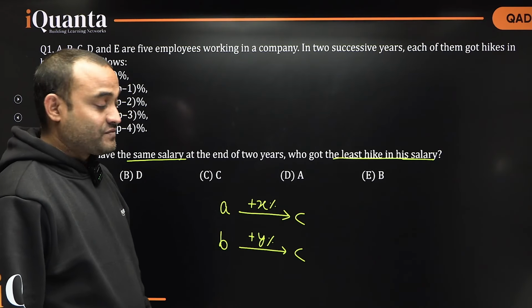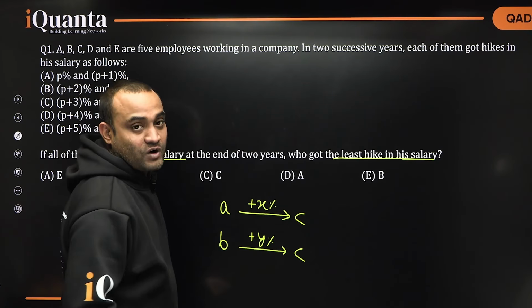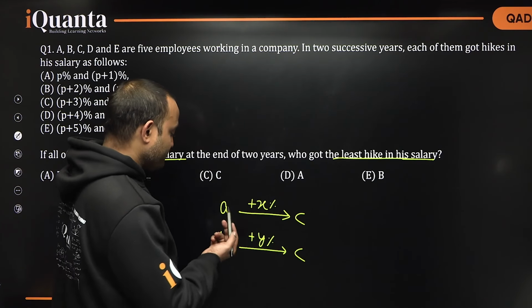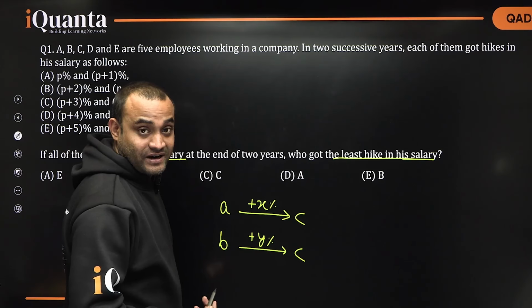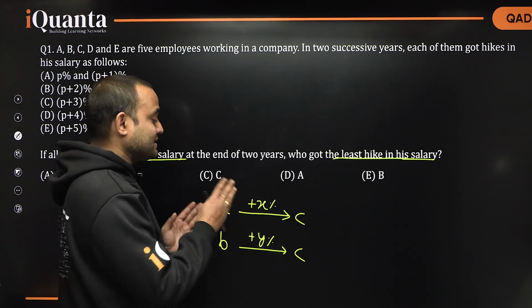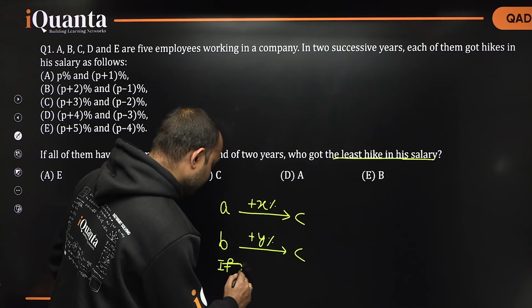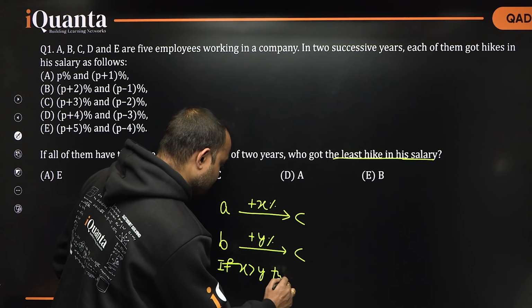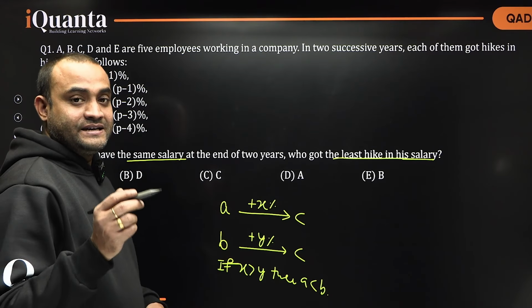See, if X is greater than Y, then B will be greater than A, right? Because B has lesser increase than A. If X is greater than Y, then A will be less than B, because A needs to be increased more.